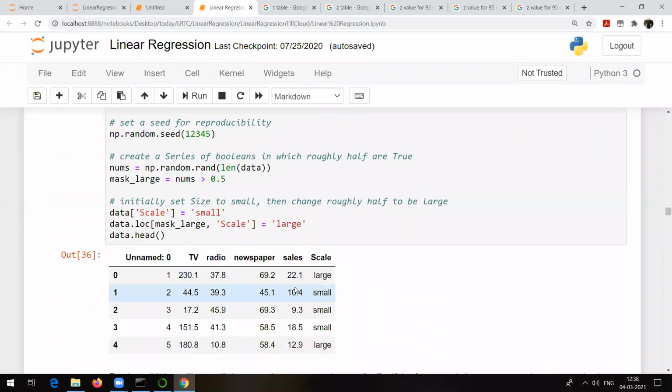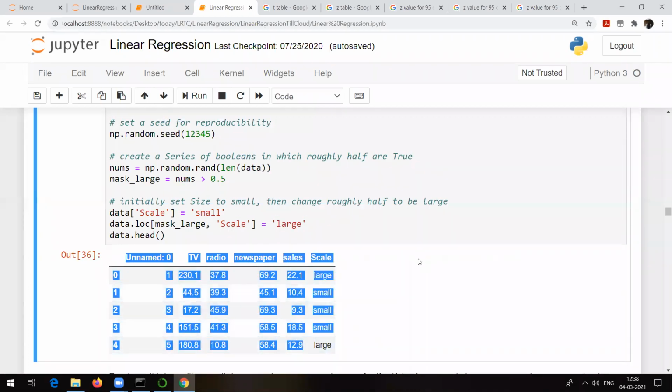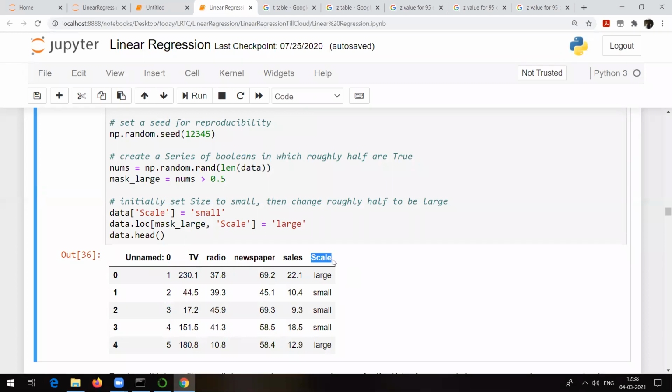So I'm just trying to create data like this. The sales data is already with us. I'm just trying to add a new column called scale. How am I trying to add it? I am making use of a random method here, which we have seen in NumPy also, np.random.rand. I hope you remember that. Those people who solved the assignments will easily understand whatever is happening here. So I'm creating random values of the length of data, that is 200.